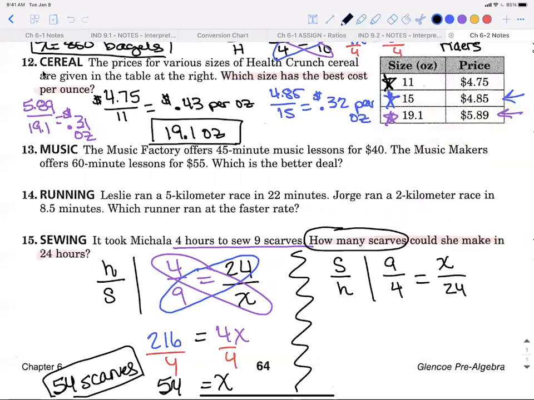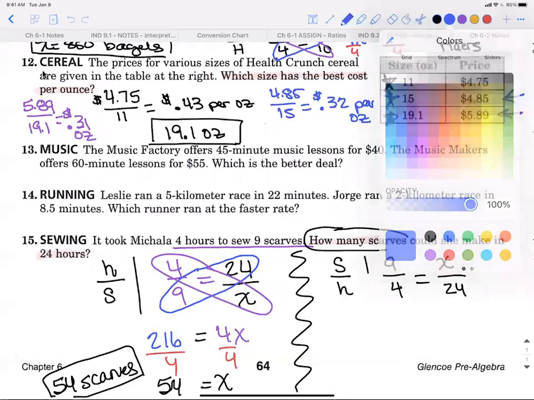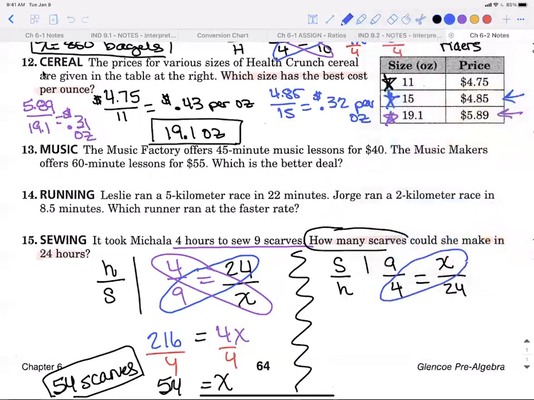Hours is on bottom. When I do the butterfly, I get 4X. When I do the other butterfly, I get 9 times 24, which is 216. When I divide by 4 and divide by 4, I still get X equals 54 scarves.